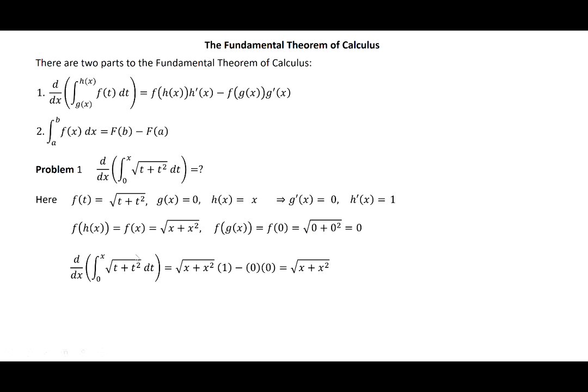So the thing is, we can replace this integral 0 to x with an indefinite integral of square root of x plus x square dx. Okay, so anyways, this is how you solve this problem.